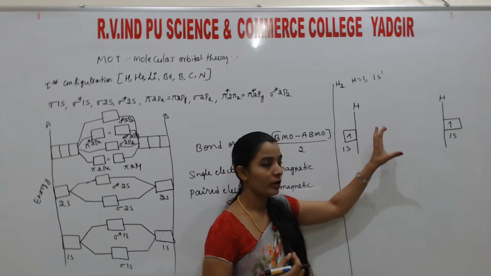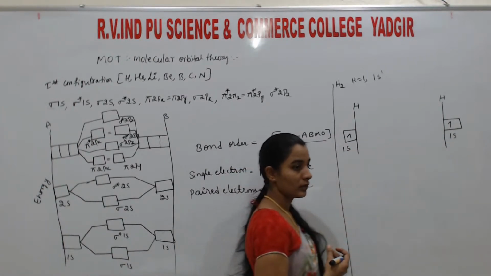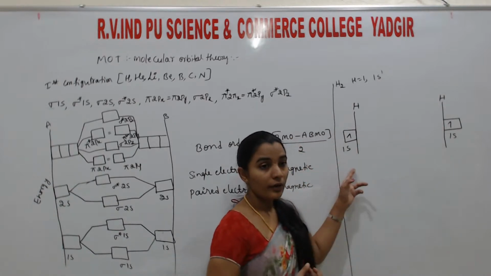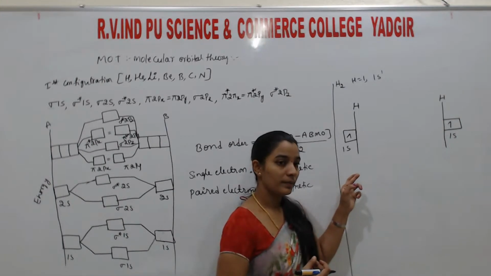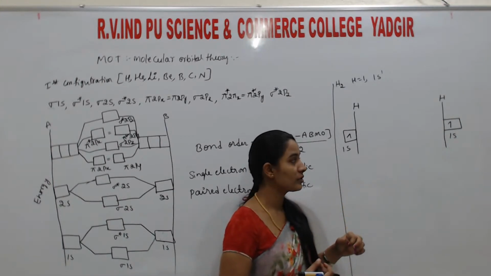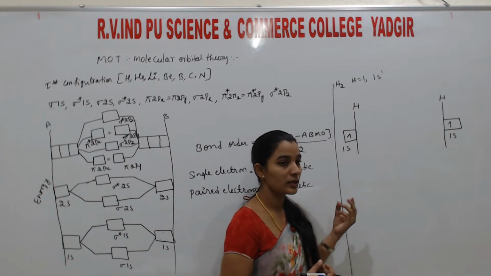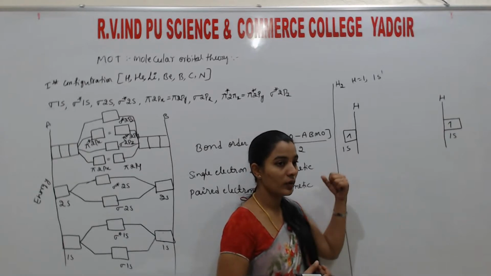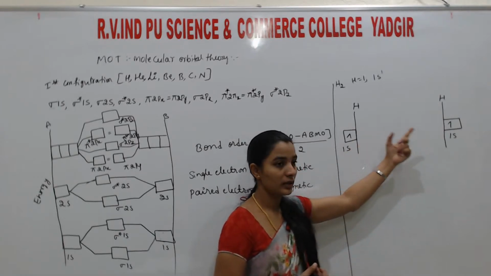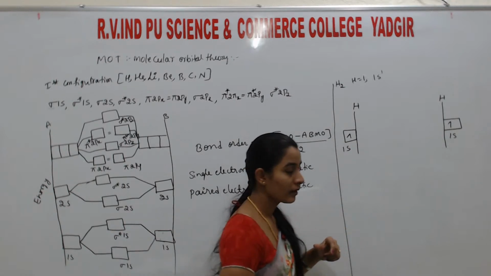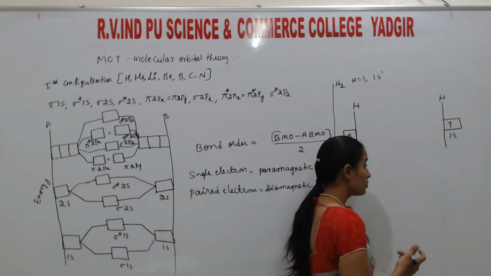Then how many molecular orbitals will form? According to the postulate, the number of molecular orbitals produced is equal to the number of atomic orbitals combined. So how many? 2.